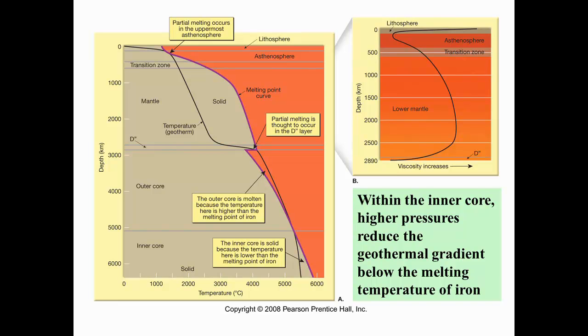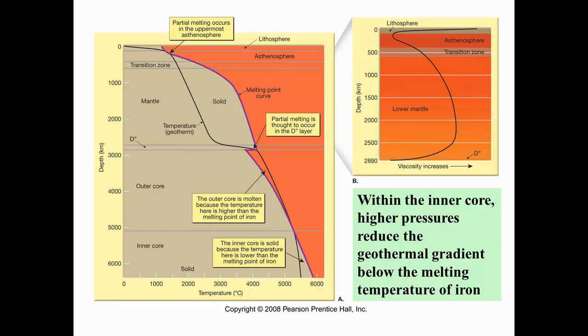Now here's a question. Why is the geothermal gradient within the melting field of iron in the outer core, but within the solid portion at lower temperatures within the inner core? What are the distinctions between the outer core and inner core? Yeah, pressure.